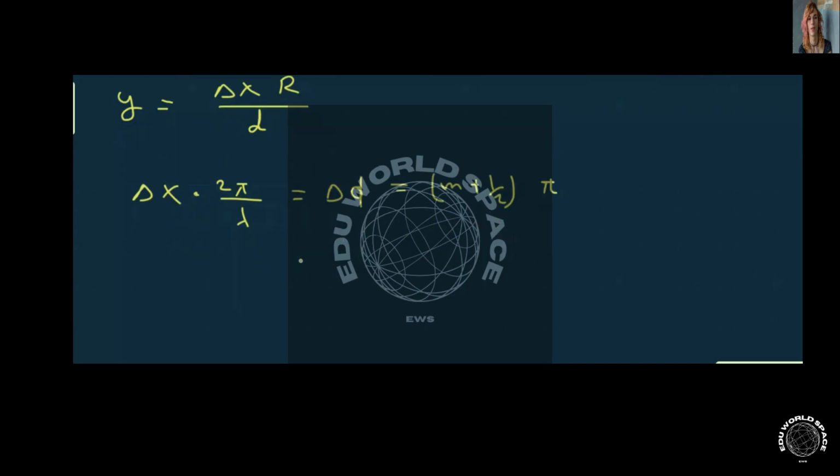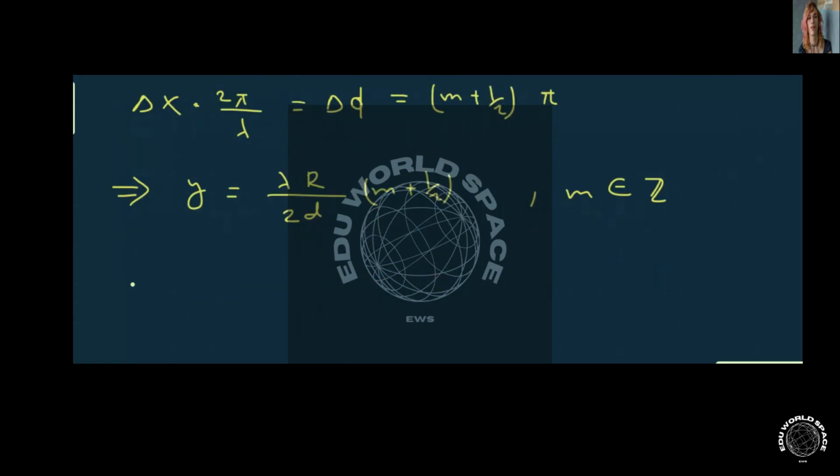So now y is equal to lambda r divided by 2d multiplied by (m plus half), where m again is an integer.